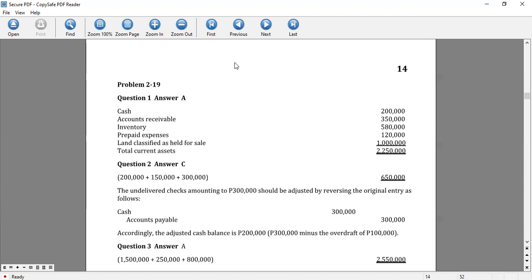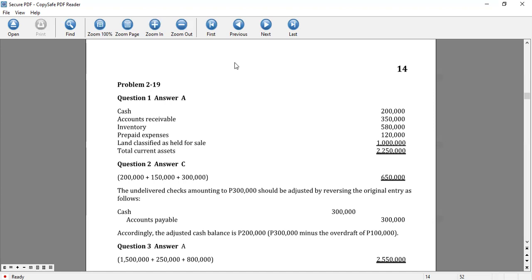So 200,000, we add 150,000, and finally add the amount of 300,000. Now the 300,000 is to be added, and finally we have 650,000. In number 2, the answer is letter C.